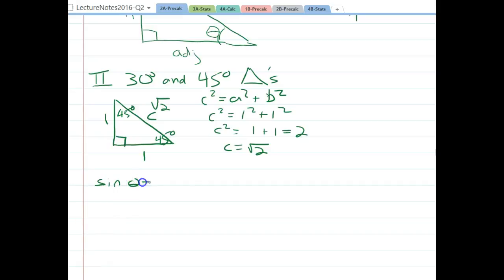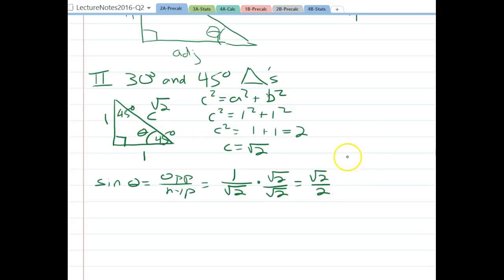So if I start off and I say, okay, sine theta is going to be opposite over hypotenuse. That means for a 45 degree triangle, and we're letting this be theta, the side opposite is 1, and the hypotenuse is the square root of 2. If I rationalize that, I'm going to get root 2 over 2.